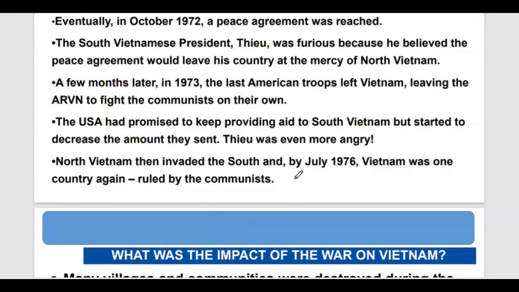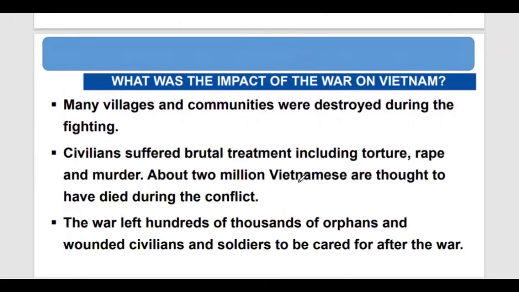So apparently we can say the Americans, in conclusion, failed to stop the spread of communism in Southeast Asia because the Vietnam that they were fighting for, they lost the war, they withdrew from the war, and apparently South Vietnam got to unite with North Vietnam as a communist country.